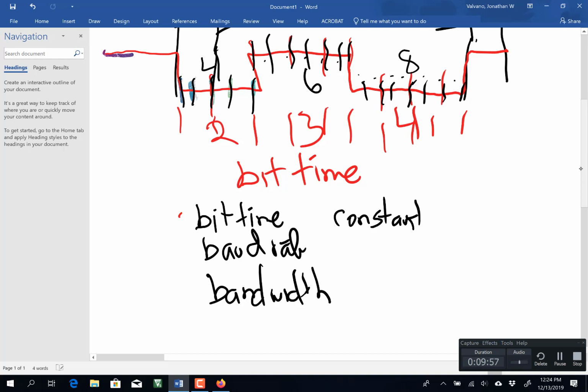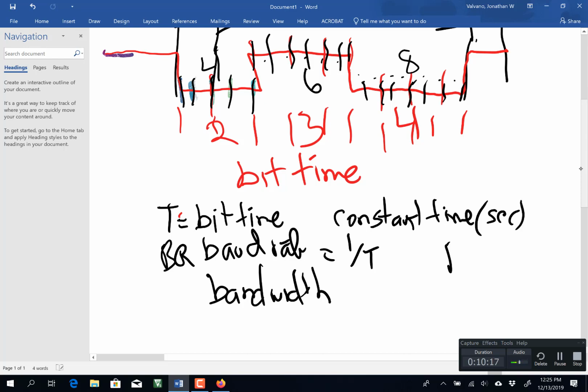Let's call it T. Is there any confusion about what that is? So what's the baud rate? It's just 1 over T. That's the total number of bits per second, so the units are in bits per second.